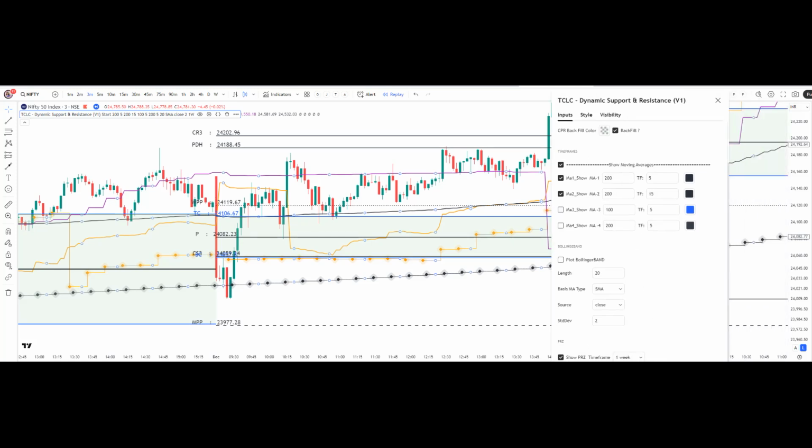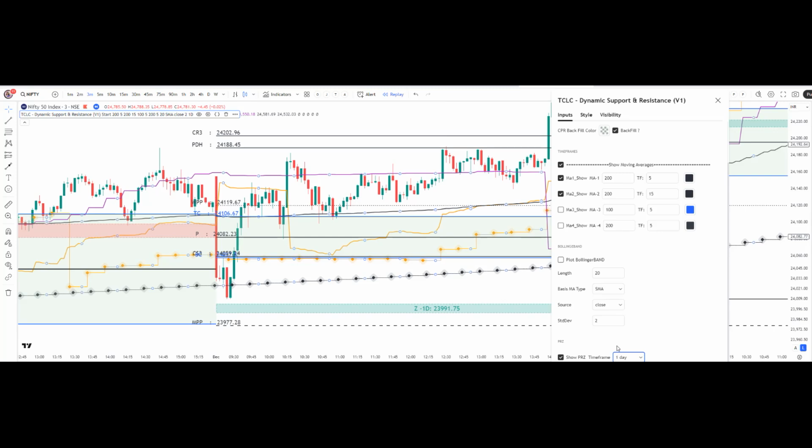PRZ means potential reversal zone. Here we can change to any time frame of PRZ. As an intraday trader, we should always select day. I have enabled the daily potential reversal zone.